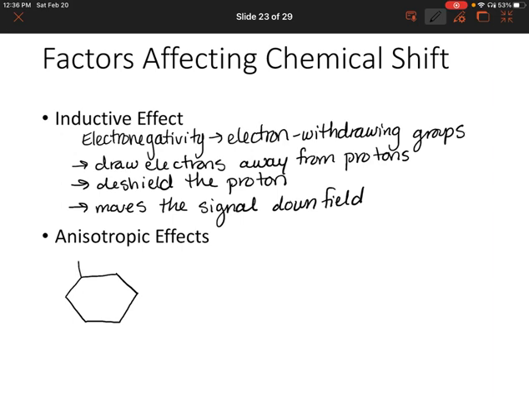So that means it has p orbitals all the way around the ring. And remember, the electrons are delocalized across all of those pi bonds, above and below. Now, what this does is it induces a magnetic field.